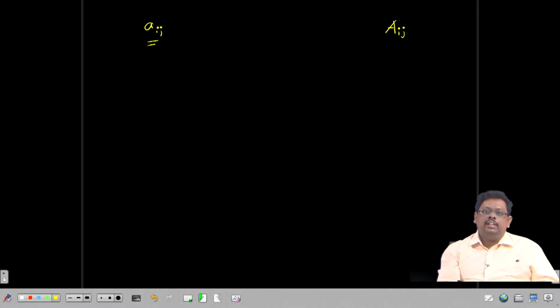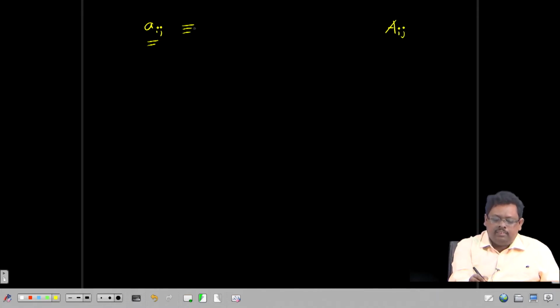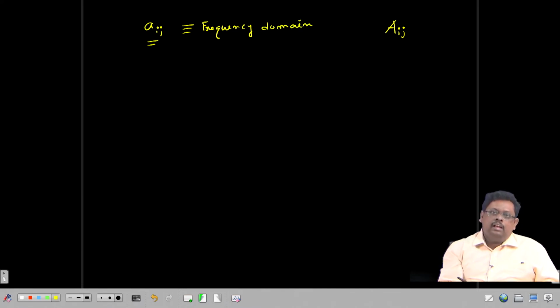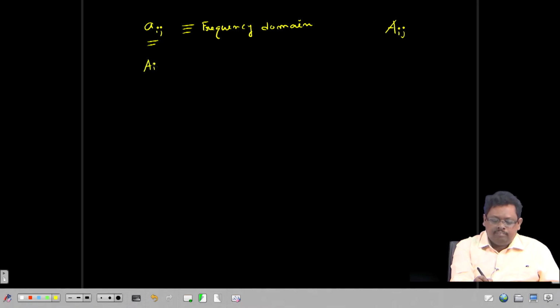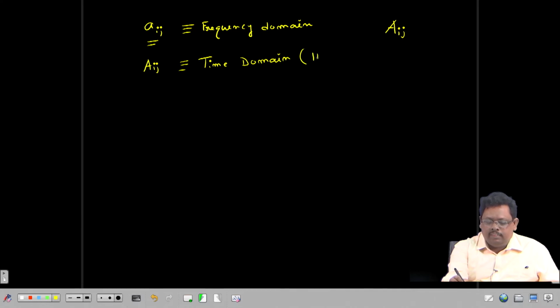Remember that when I call it a_ij with the small a, it is in the frequency domain, and when I use the impulse response function, I use the capital A_ij. So small a_ij is for the frequency domain, and capital A_ij we use for the time domain, or we can call it the impulse response function based one.